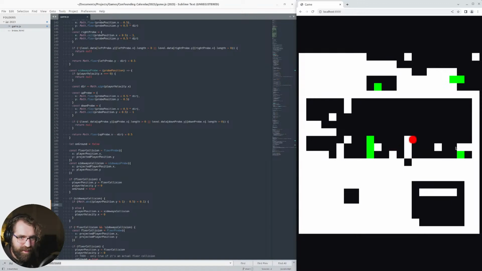It's hard to test. Yeah, like I collide with the wall until I'm centered. It's hard to test, but yeah, okay, that's as expected.